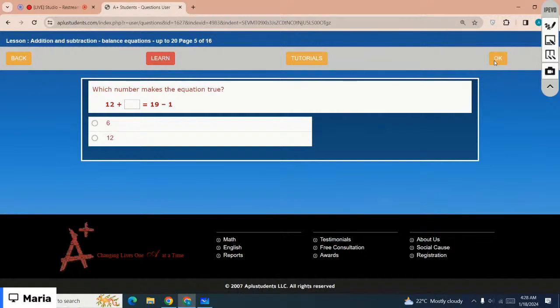So 12 plus what number is 18? Yes, that is 12 plus 6 makes 18. The correct option is 6.